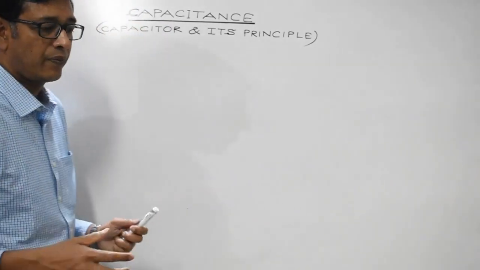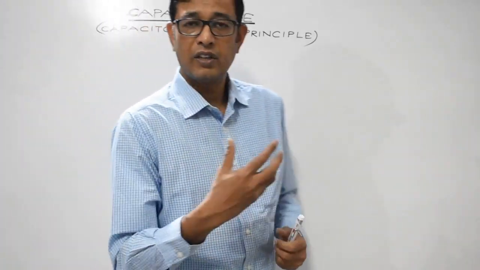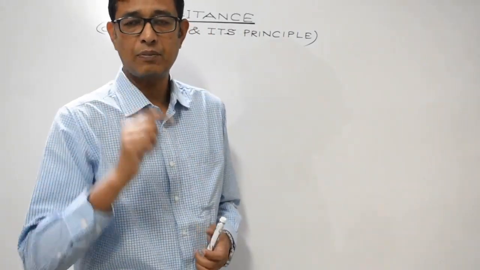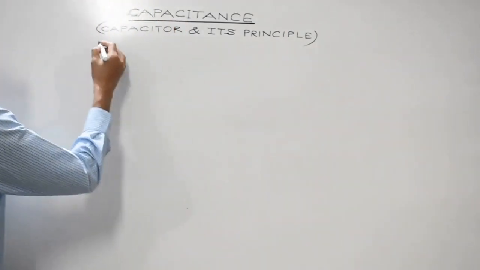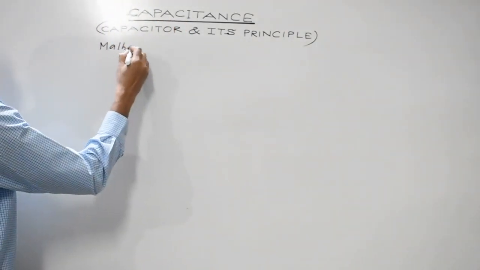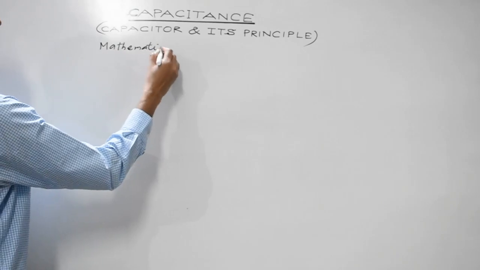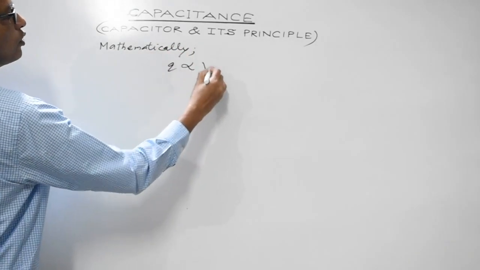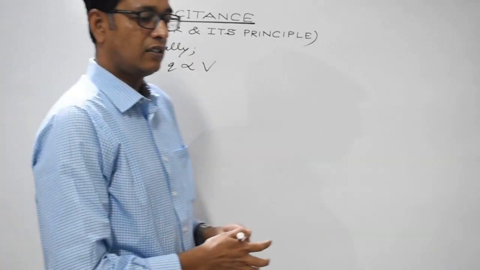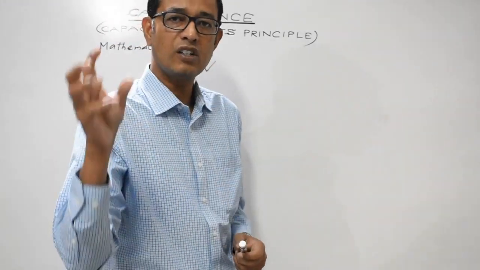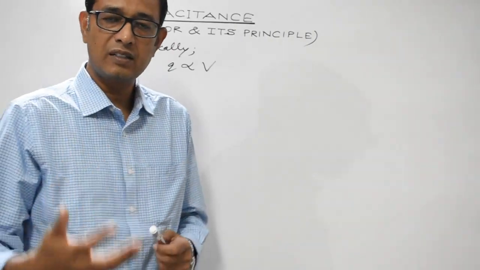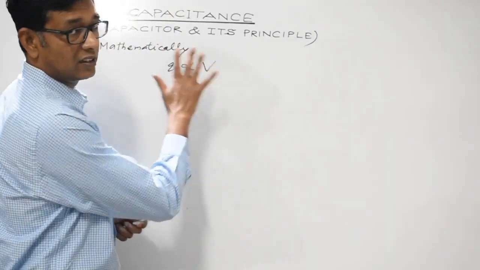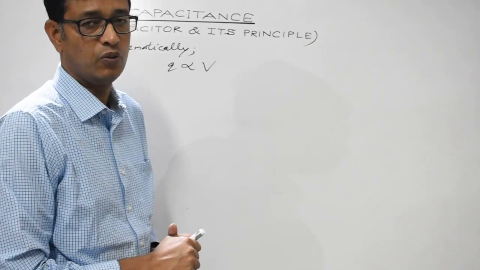So suppose on giving charge Q to a body, suppose its potential is V, capital letter V. So mathematically, we can write Q is proportional to V. As you keep on giving charge to the body, the potential of that body will keep on increasing, right? So mathematically we write it like this: Q is proportional to V.